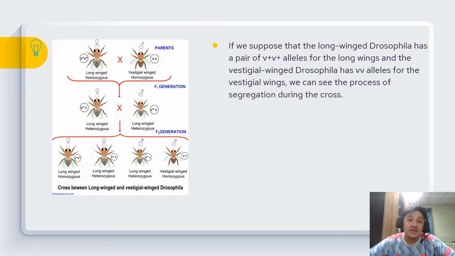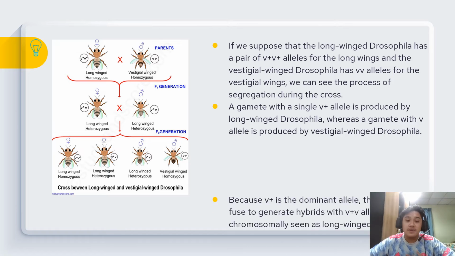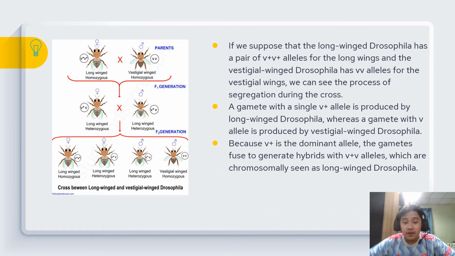A gamete with a single V plus allele is produced by the long-wing Drosophila, and a gamete with a v allele is produced by the vestigial-wing Drosophila. Because V plus is the dominant allele, it produces heterozygous long-wing Drosophila.